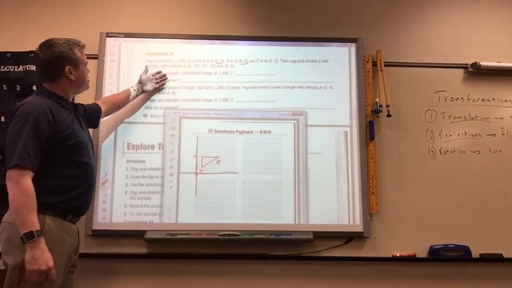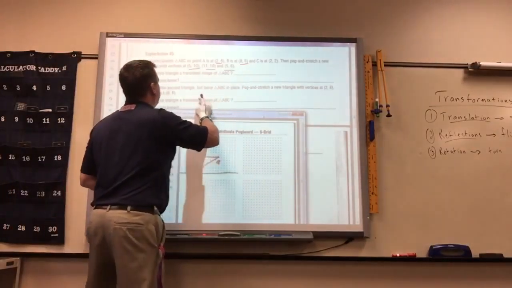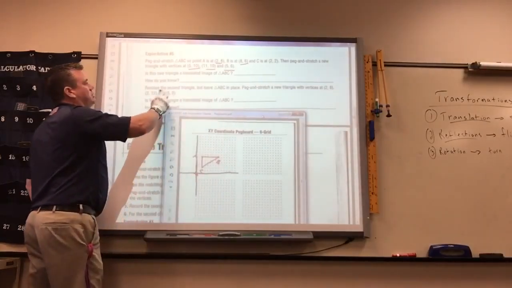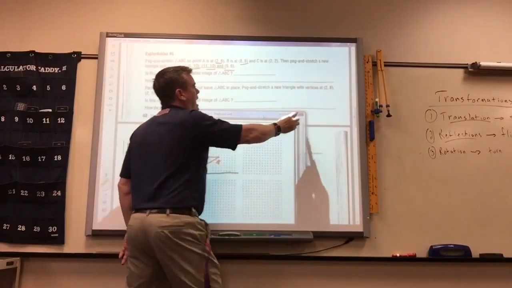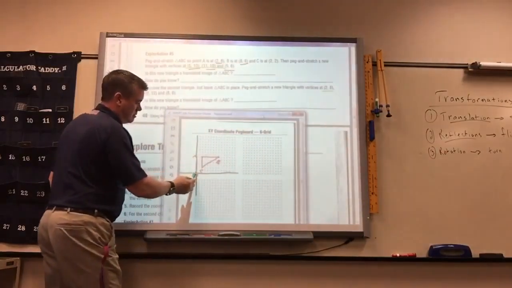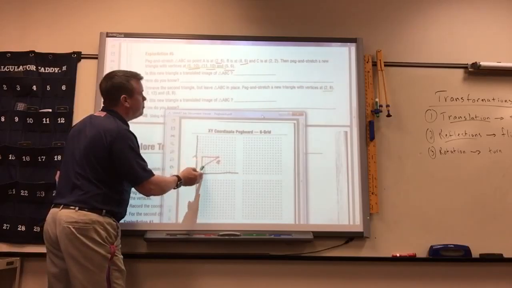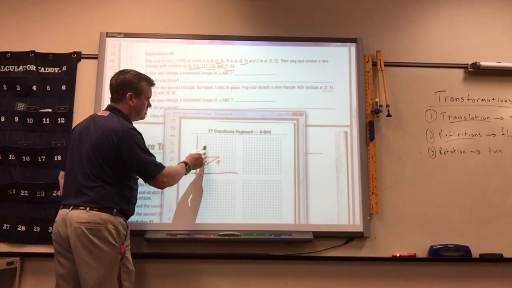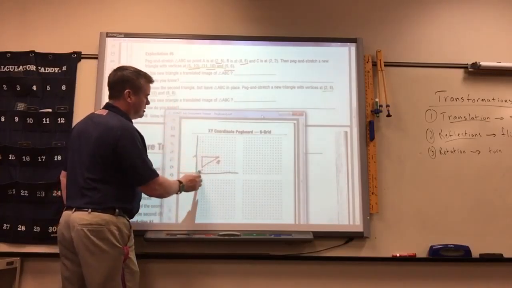So this part most people got right, where you had to plot these and then say if it's a translation. This is the one a lot of people got wrong. So they said remove this one and then put this one on here at 2, 8. So 2, 12. And 8, 8.